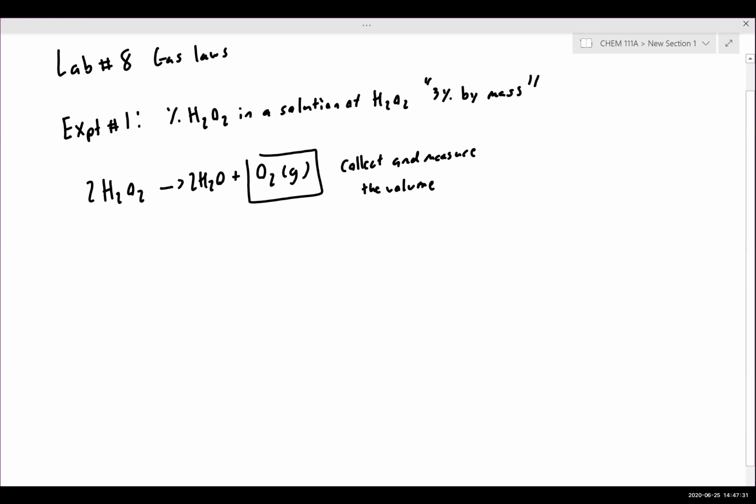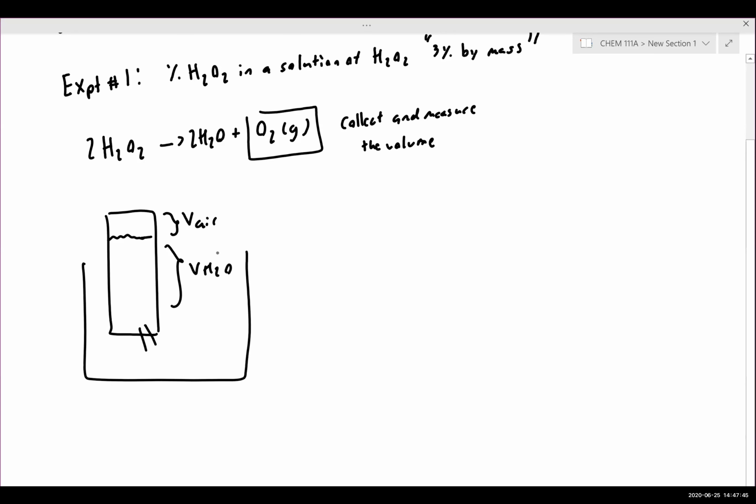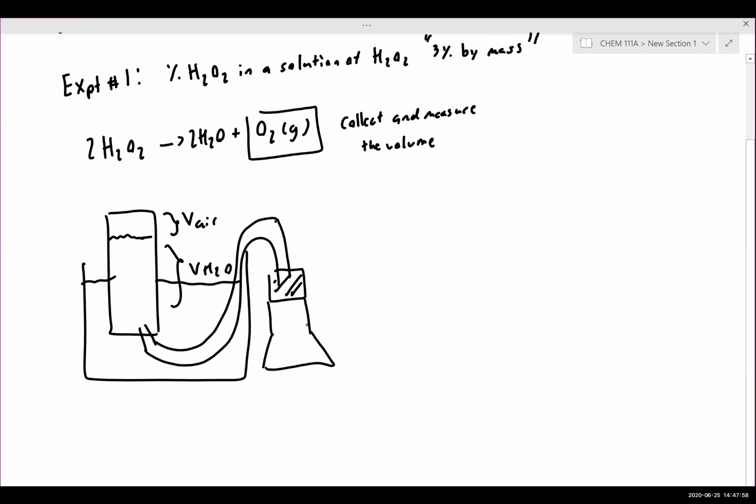As we've seen in our classic setup, we have a graduated cylinder with an initial volume of air and a volume of water. We have a tube and it's immersed in a beaker, and that tube is connected to a reaction flask.